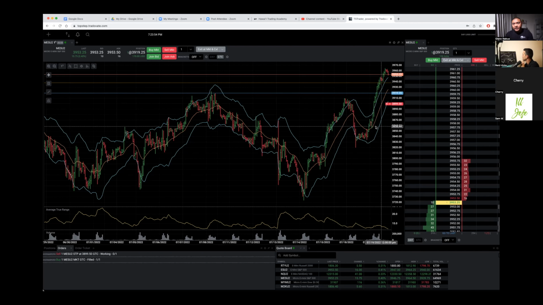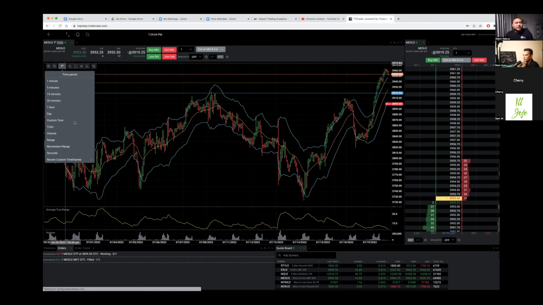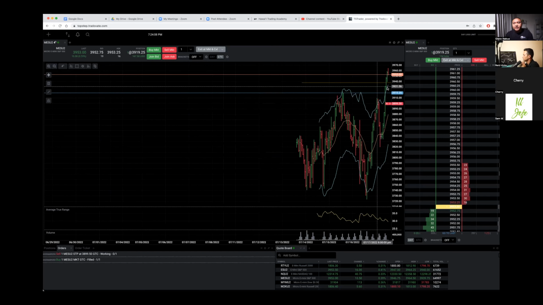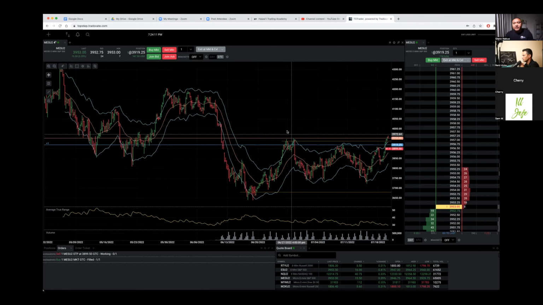I went to enter at 39.19, broke a previous high, and on top of that we had a strong close on a 4-hour above the previous high.